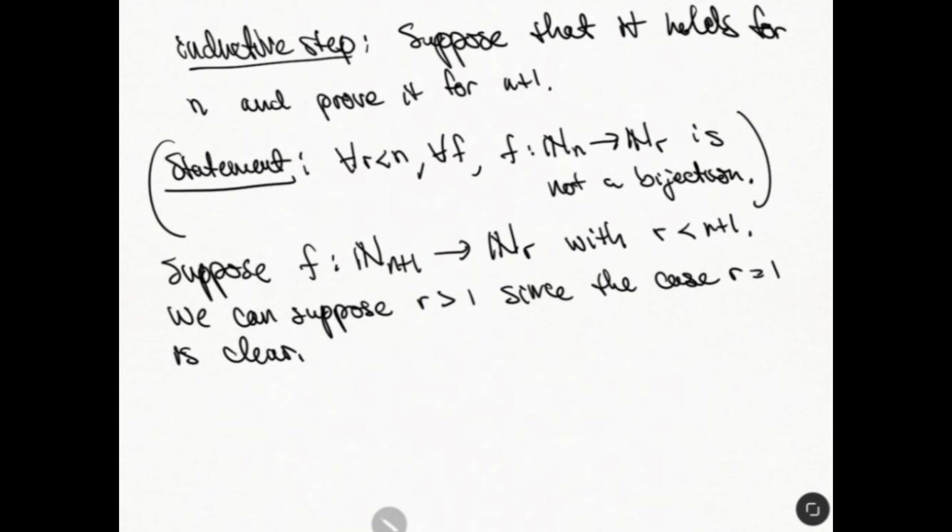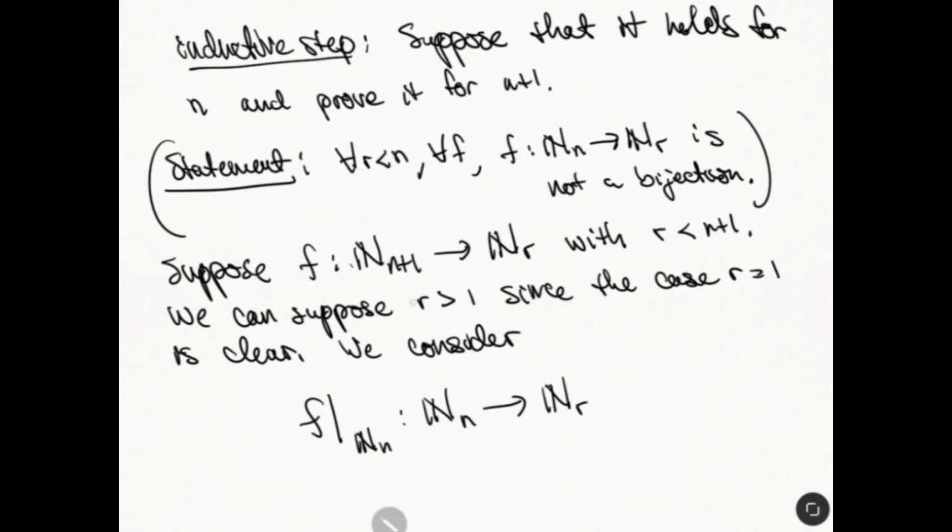Okay, so now we consider the map f restricted to N_n. Okay, and by definition, since this set here is the union of this plus a single element, we may write it as a map from here to N_r.